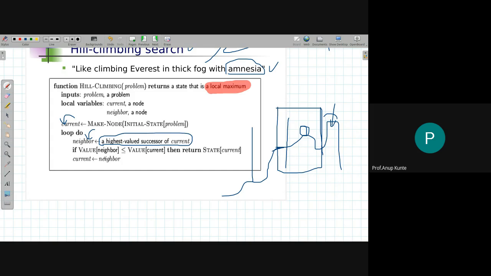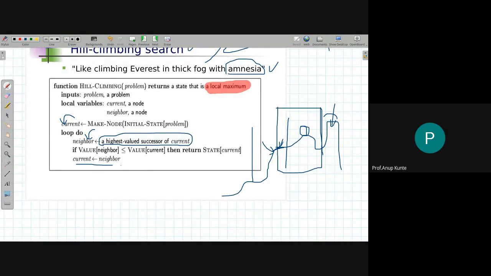Current state बेहतर है neighbor से. अगर neighbor का value कम है current state से, it means that if this is the current node and possibly this is the neighbor node, the height of this neighbor node is definitely less than the height of this node. So my current node is a better solution. Return that. Otherwise, return this. Okay, that is exactly what it does.